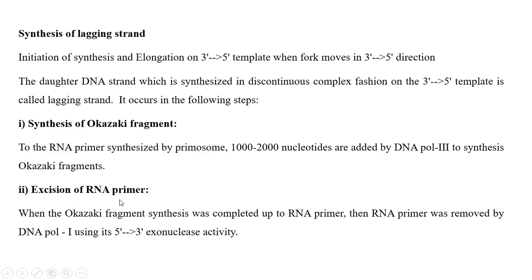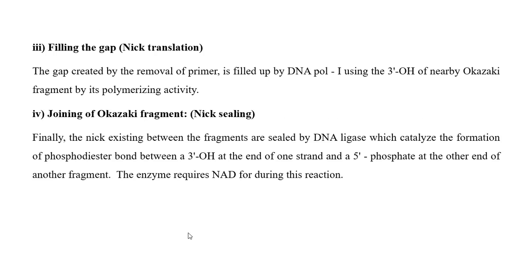Excision of RNA primer. After the synthesis of the daughter DNA by DNA polymerase 3, the RNA primer should be removed because it is made up of RNA molecule. That can be done by DNA polymerase 1 by its 5' to 3' exonuclease activity, that means primer removal activity.